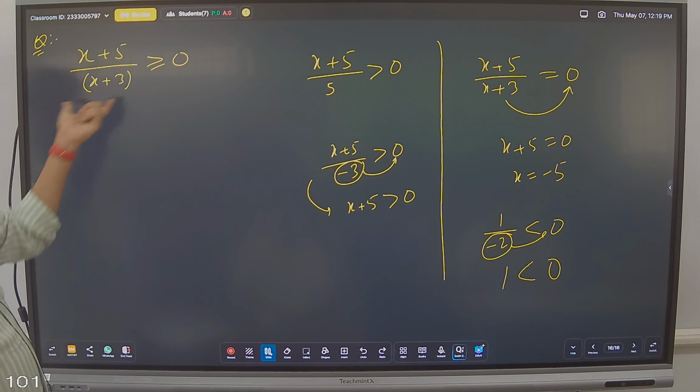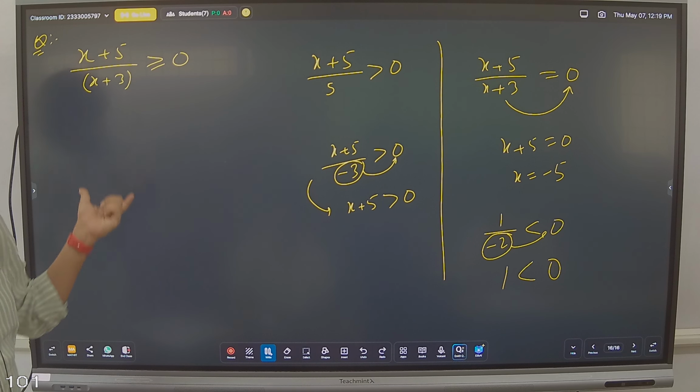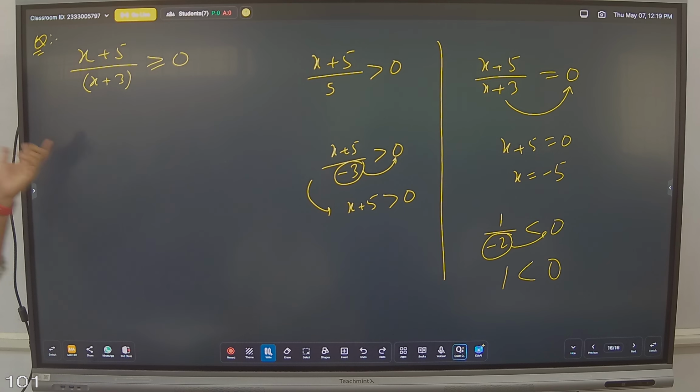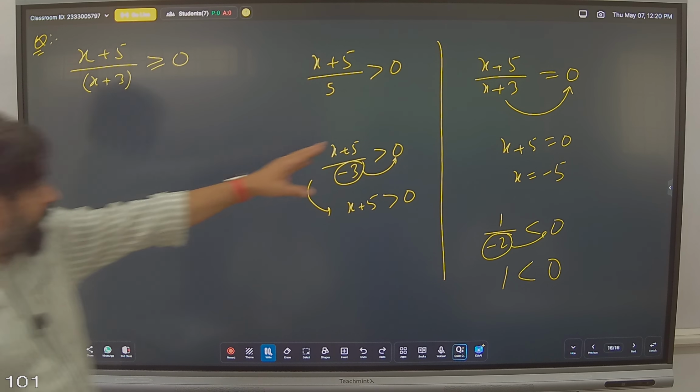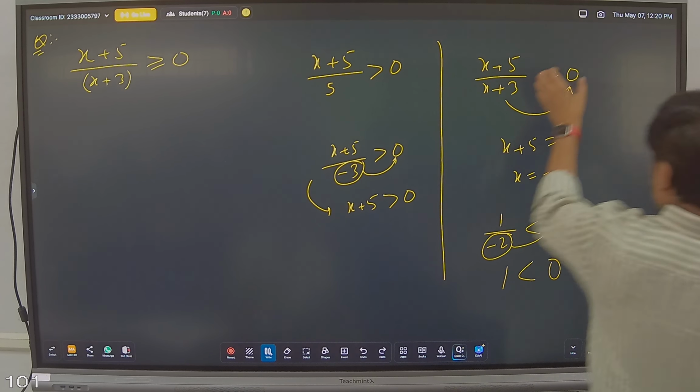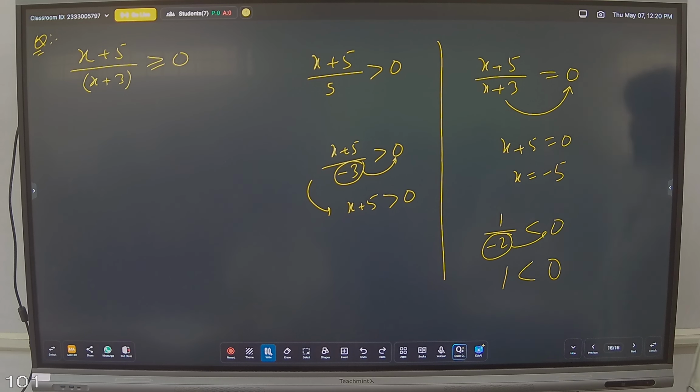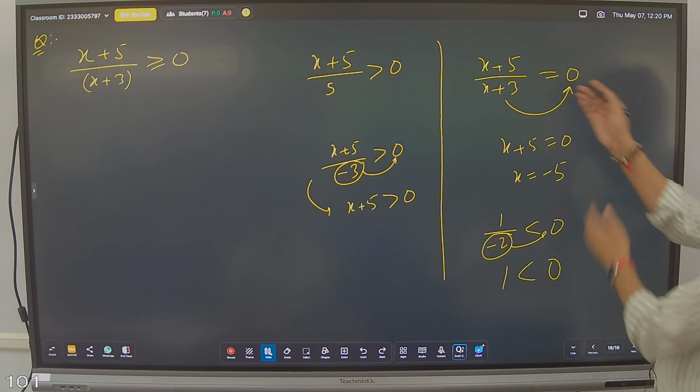I don't have any information whether kx plus 3 is positive or negative, so I don't know after multiplication whether the sign will change or not. Is it clear? Here it does not matter, because whether positive or negative, anything multiplied gives 0, and the equal symbol, if you turn it, will be equal only.